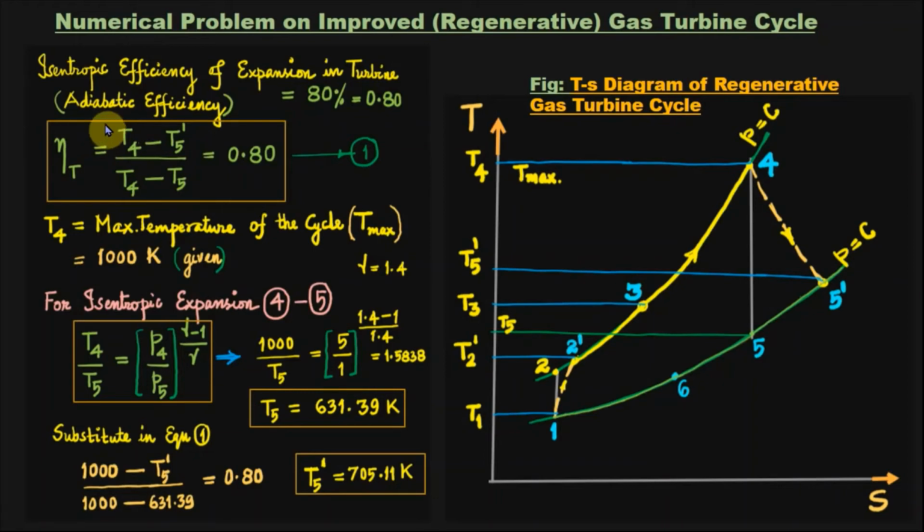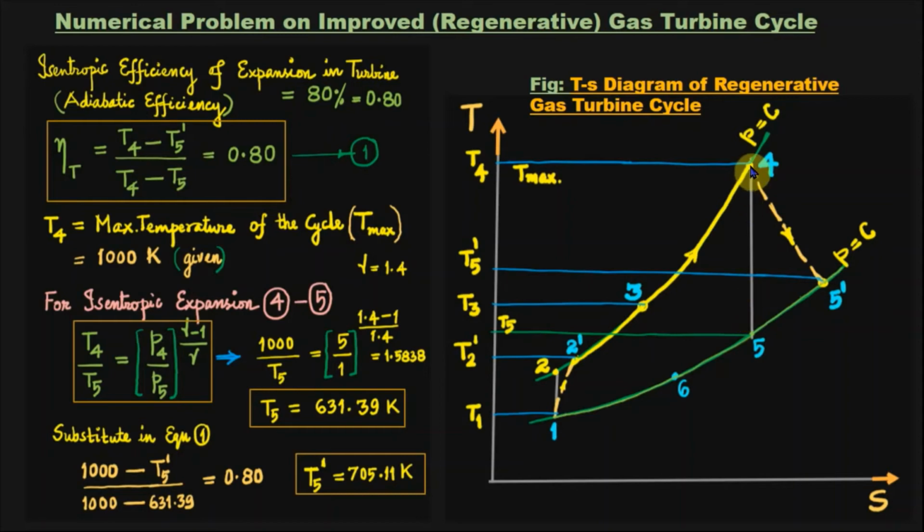In this expression for isentropic efficiency of expansion in the turbine, we have three temperatures, T4, T5 and T5 dash, and we know the value of T4, the maximum temperature in the cycle, given to be 1000 Kelvin. Now if you consider the isentropic expansion, the ideal one, 4 to 5, you can form a relationship between the temperature ratio and the pressure ratio.